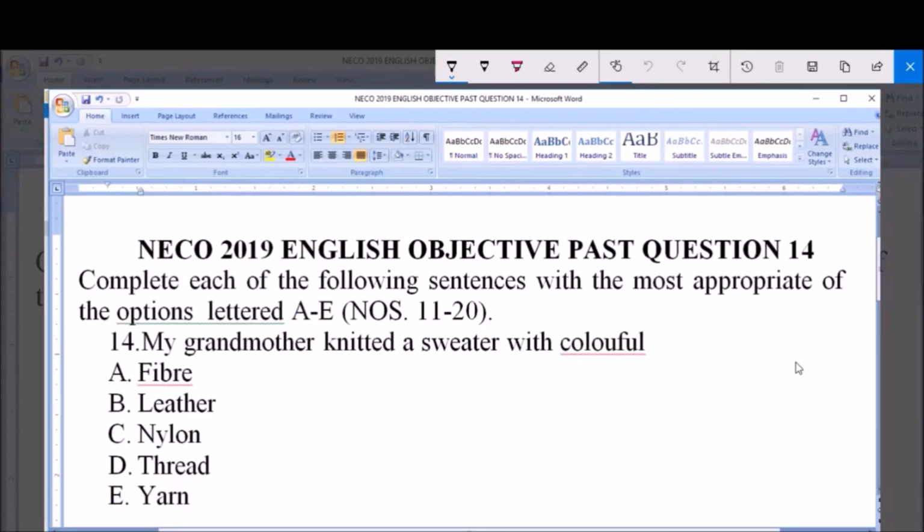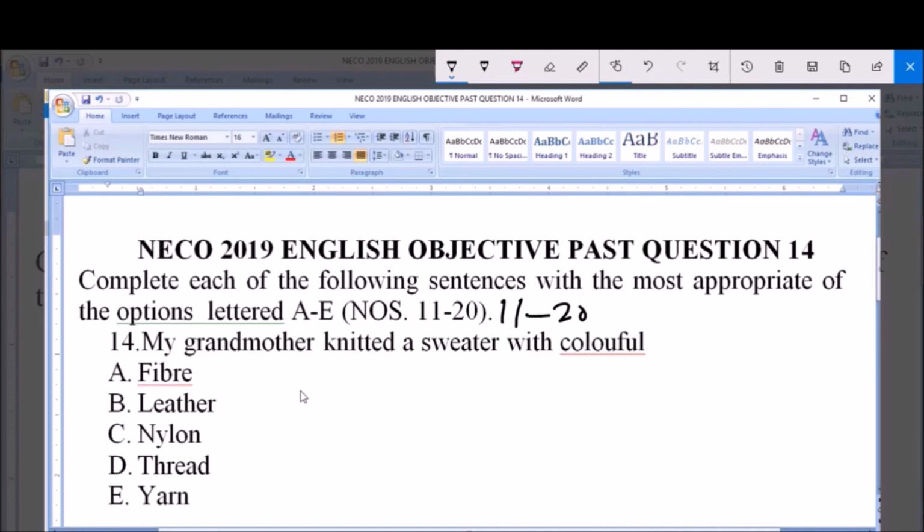Welcome. This is NECO year 2019 English objective past question number 14. The instruction here says complete each of the following sentences with the most appropriate of the options lettered A to E, and we are using this instruction to answer questions 11 to 20.